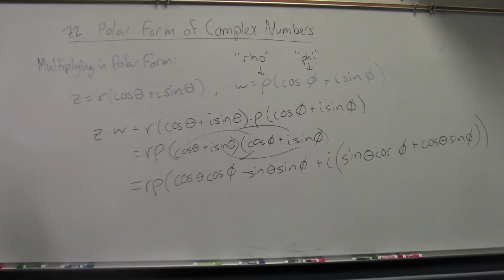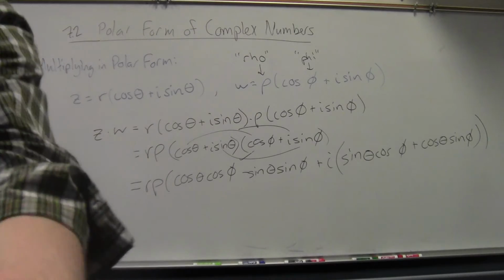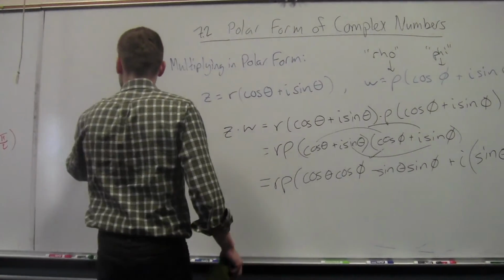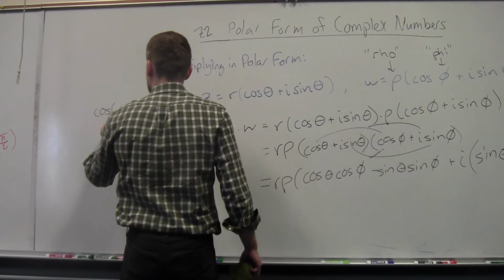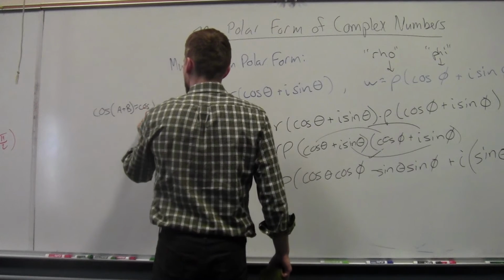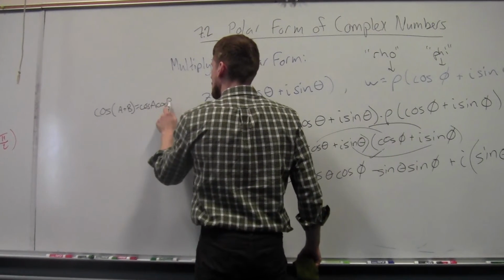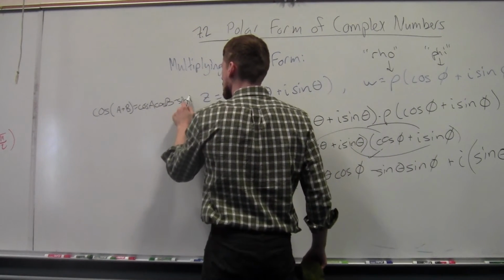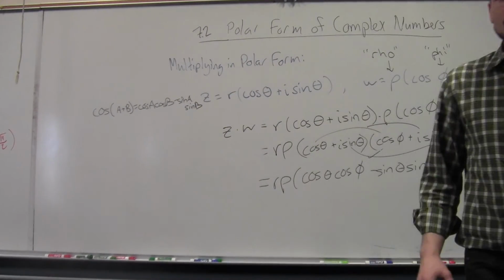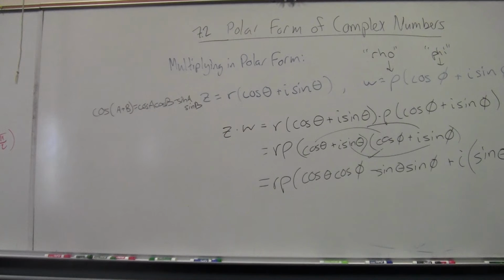Don't they remind you of this identity? Let me write it over here. Cosine of A plus B equals cosine A cosine B minus sine A sine B. That's the angle sum identity that we spent so much time on earlier.